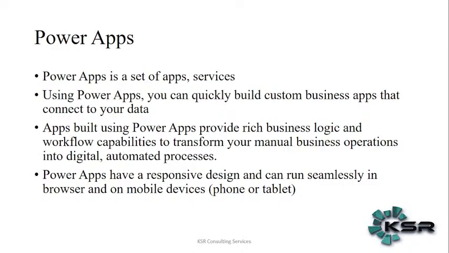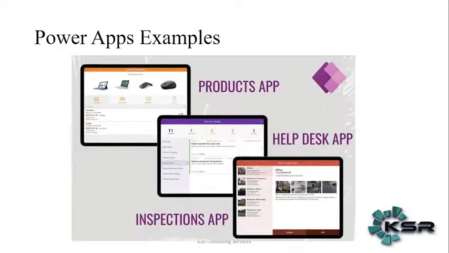To give more insight about this Power App, you can build three different types of apps. One, you can call a product app, where you get all the product information, and someone is requesting tickets, or maybe asking for some clarity about the product. They're raising tickets. In fact, even you do, right?